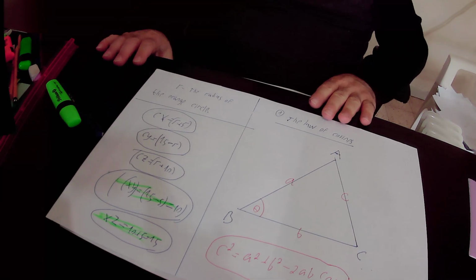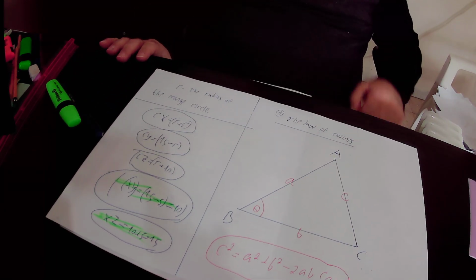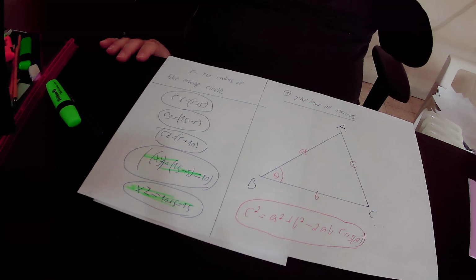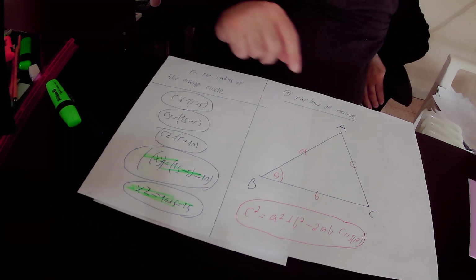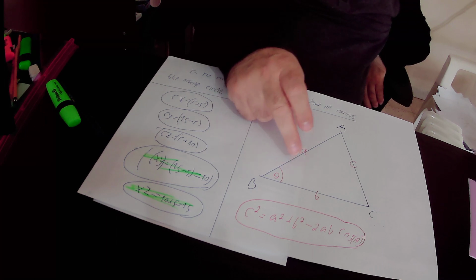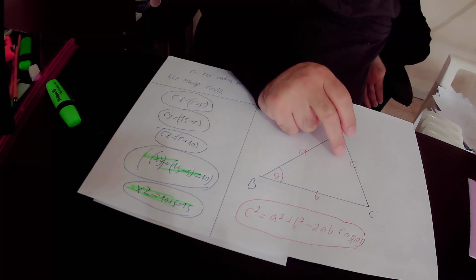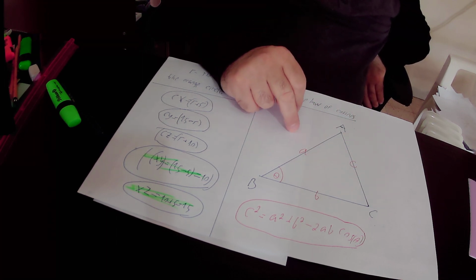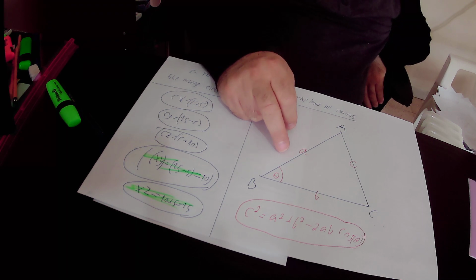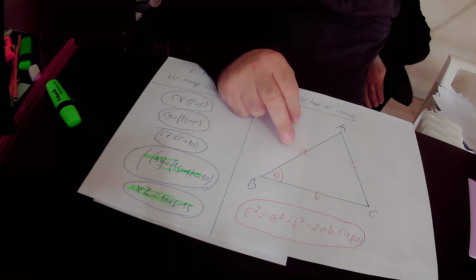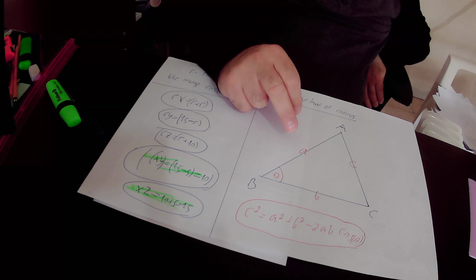So if we have this triangle ABC, that could be any triangle, and we know that side AB equals A units, side BC equals B units in its length, side AC equals C units, and the angle between side AB and side BC is theta, then according to the law of cosines, C squared equals A squared plus B squared minus 2 times A times B times cosine theta. Okay?